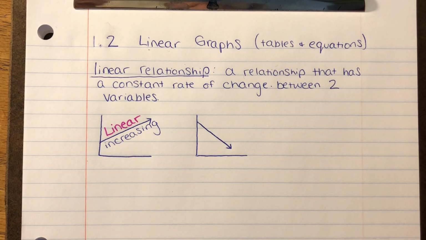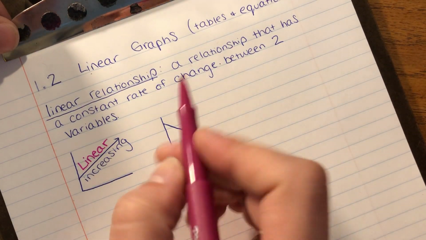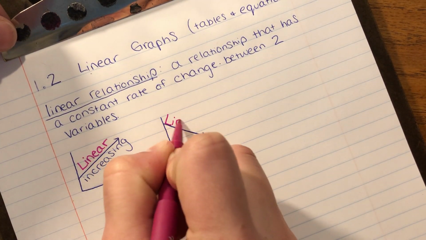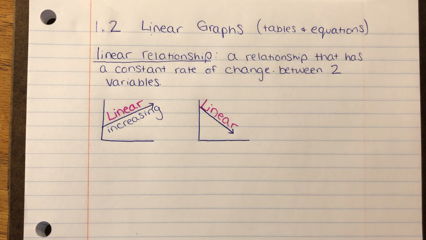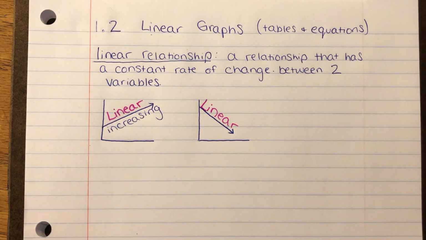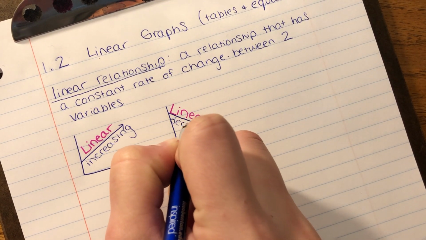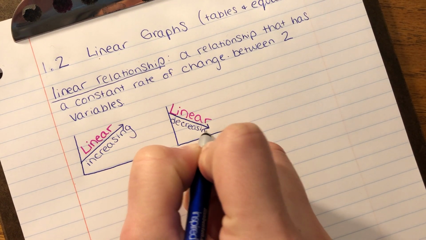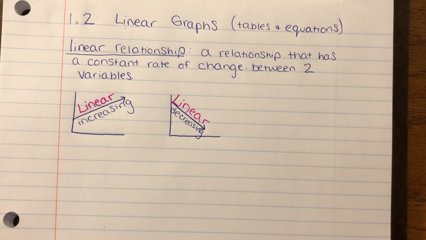My second example is also linear because it makes a straight line. So I'm going to label it. And because this one is pointing down as we read it from left to right, this is an example of decreasing. It's kind of hard to fit in there, but I made it work.